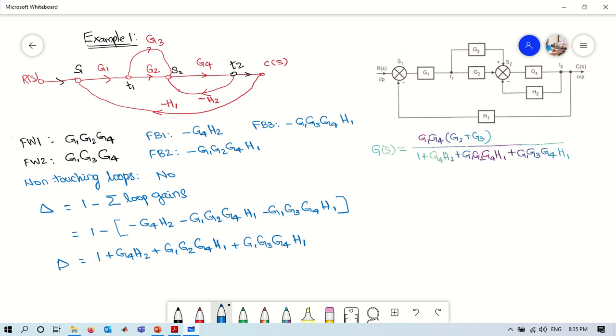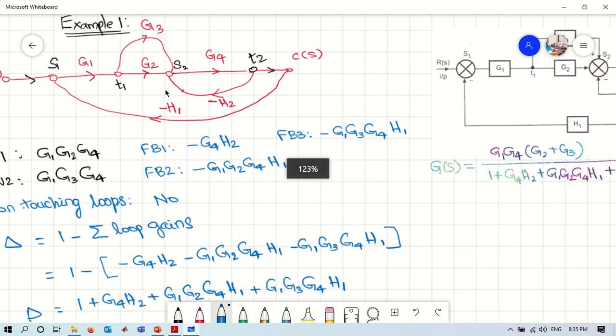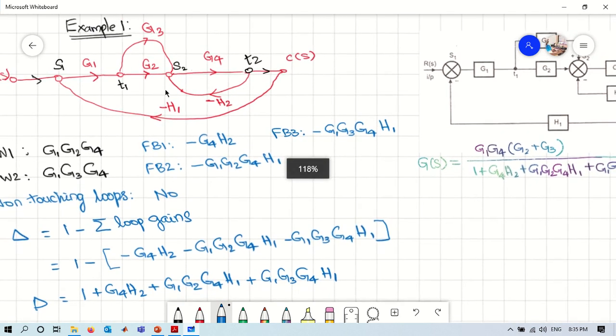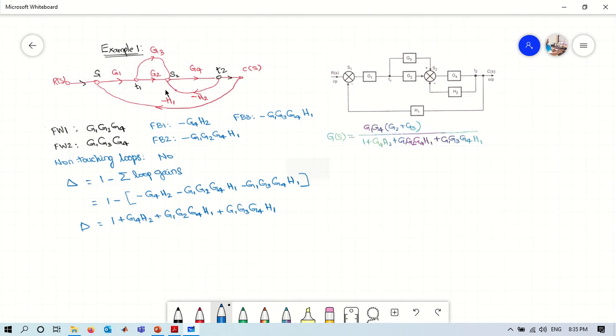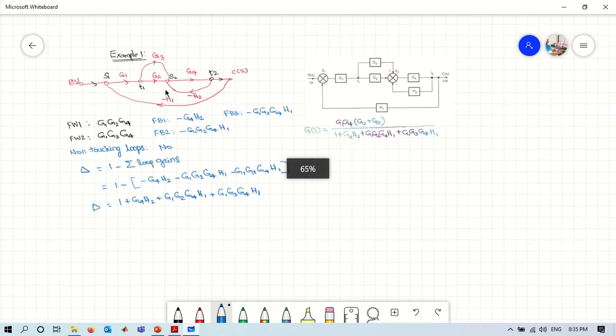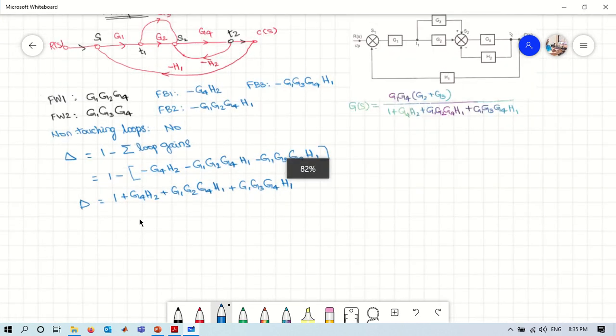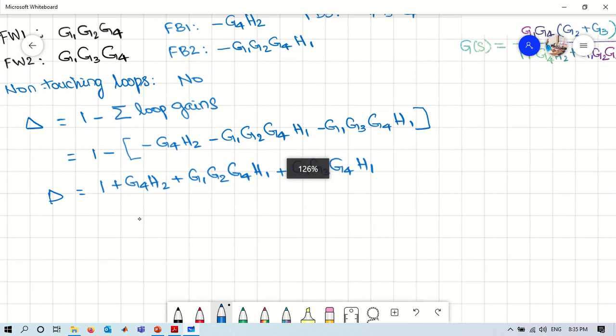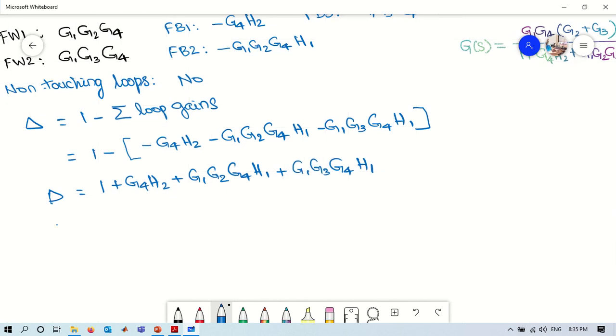Okay, and now for the transfer function of the system, we have the formula by Mason's rule.